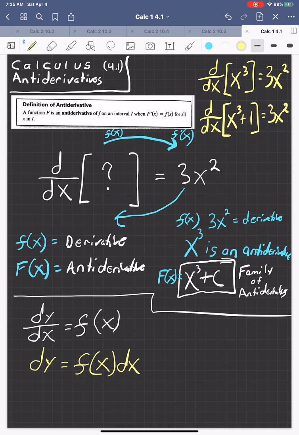Now, the symbol we use when taking antiderivatives looks like an elongated S. It looks like this, right?